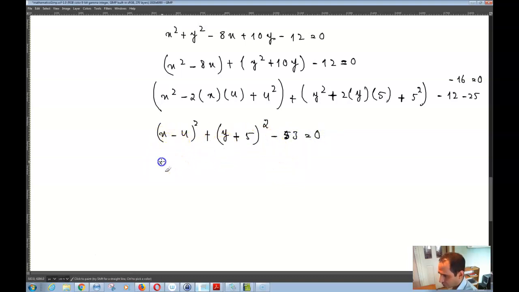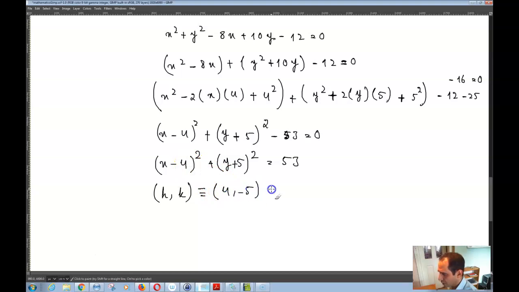So then you can write this as x minus 4 whole squared plus y plus 5 whole squared is equal to 53. That means that your h comma k is equal to basically positive 4 negative 5, and your r is equal to the square root of 53. So that's number 8. 4 comma negative 5 and square root of 53, for example.